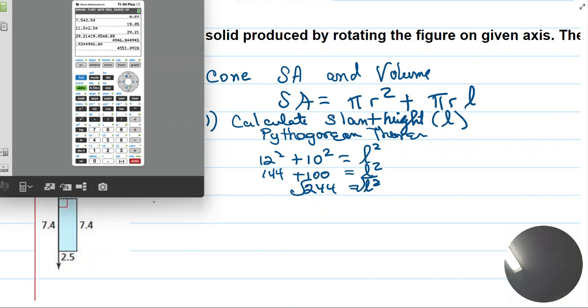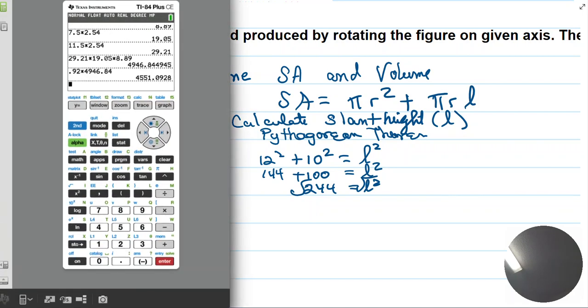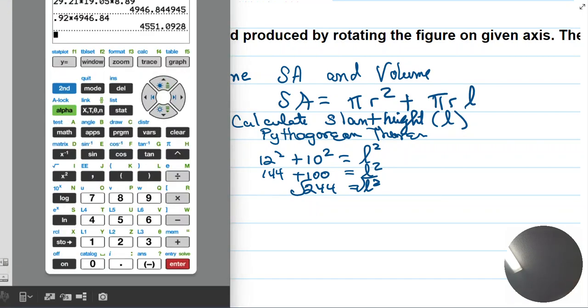Thank you, calculator. All right. So I'm going to take the square root of that 244, and I get 15.6. I'm going to just do one decimal. All right. So now I have the L, and I can now do the surface area.